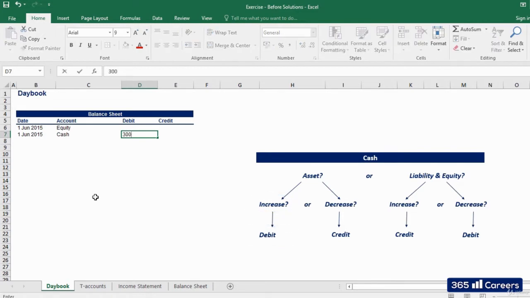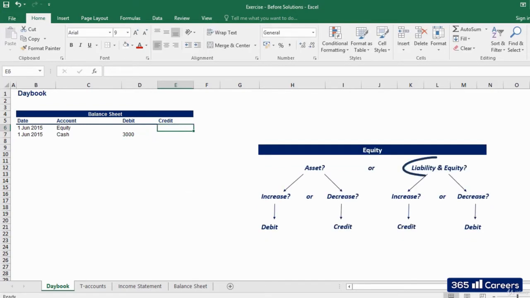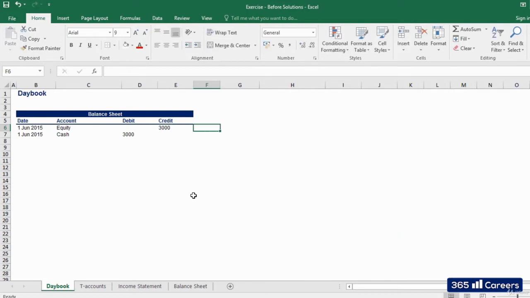Debit means left, right? We'll have a debit of $3,000. Equity, on the other hand, stands on the right side of a balance sheet, and therefore when it increases, we credit its account. Okay, perfect. You can see how the double entry principle functions. The value of debits matches the value of credits, as it should.